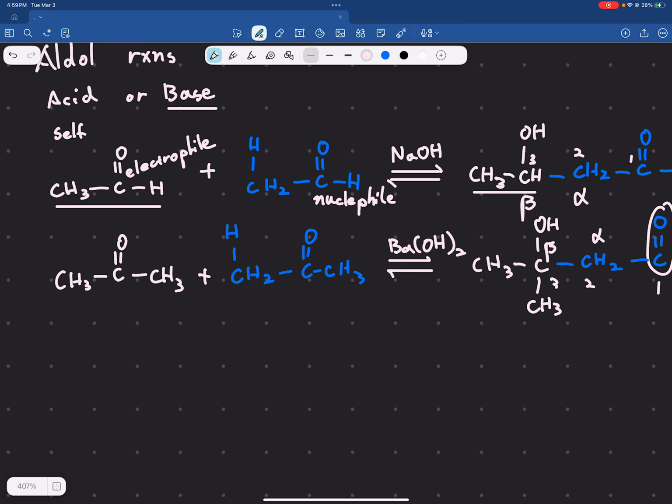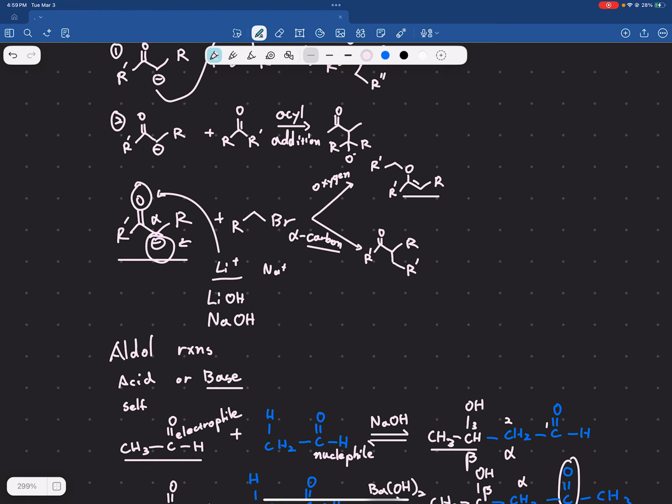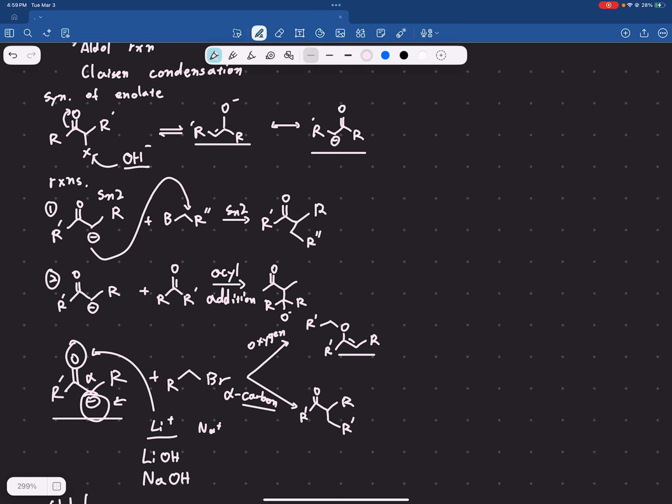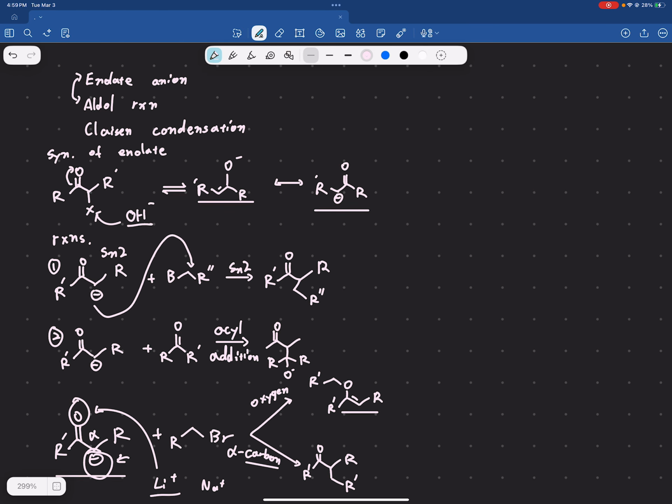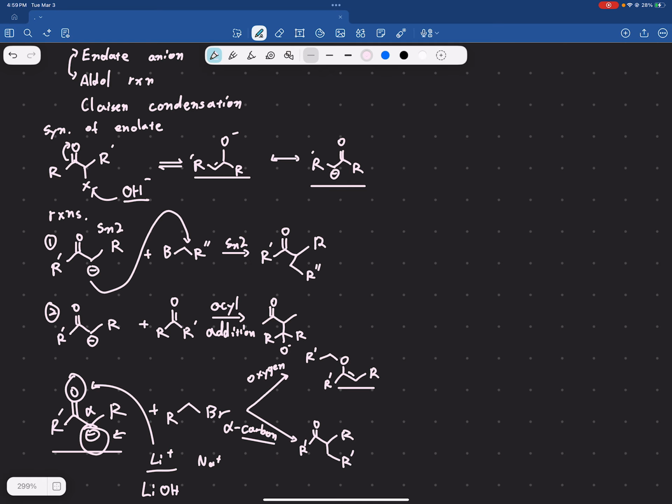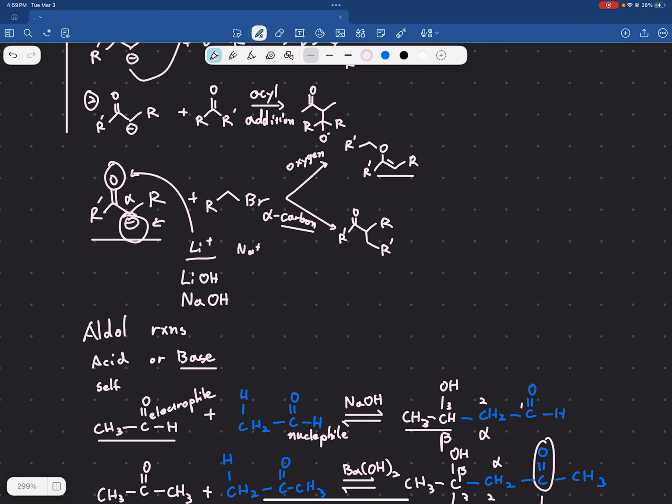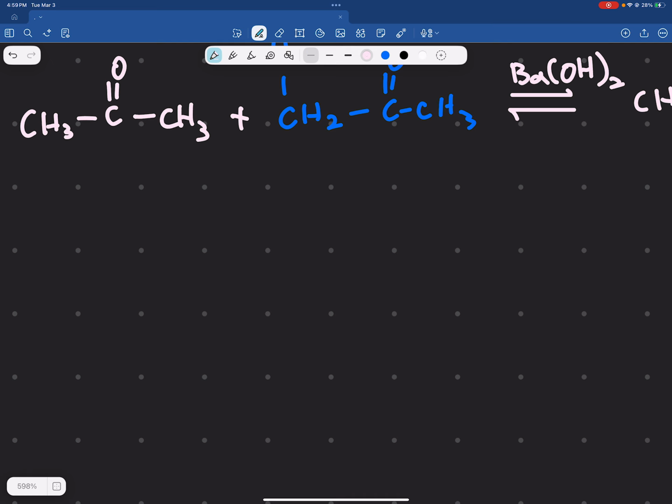So let's go over the mechanism of this reaction. As I said before, most Aldol reactions and enolate reactions will usually follow these steps outlined here. So let's go over the reactions. The first step is deprotonation.